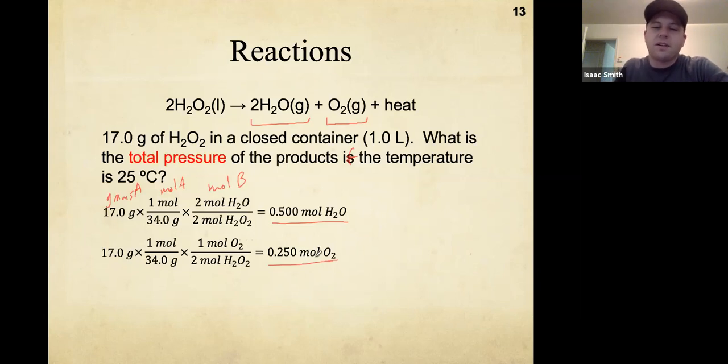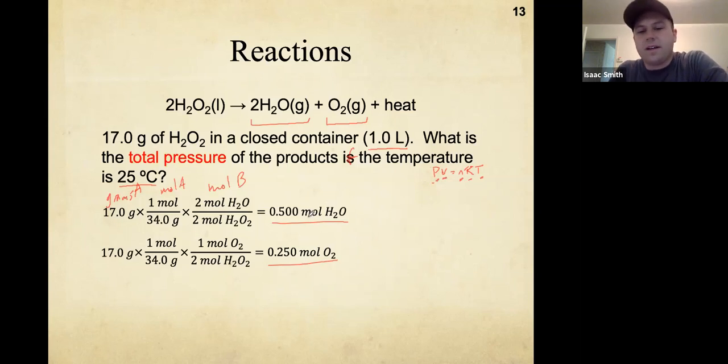Okay, so now we have enough information to do a mole fraction, right? We also have the volume of the container, and we have the temperature of the container. So if we look at PV equals nRT, we have volume, we have temperature. We've just solved for n, and we know R, so we could solve for the pressure of the container.